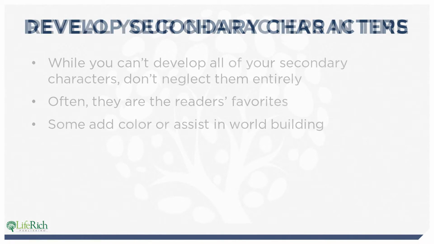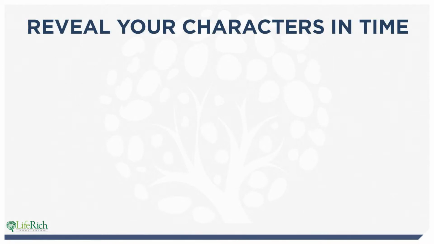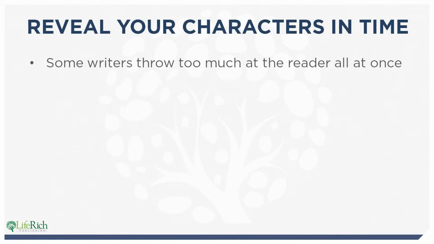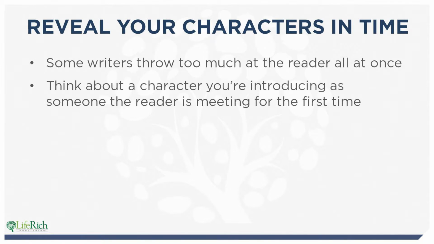There's a tendency for some writers to throw too much at the reader all at once, to give a full physical description, tell the life story, and reveal the thoughts of a character as soon as he or she is introduced. But that's not always the best approach. Think about a character you're introducing as someone the reader is meeting for the first time.